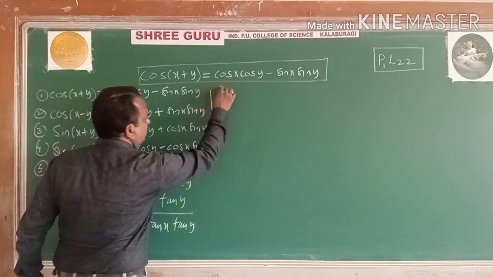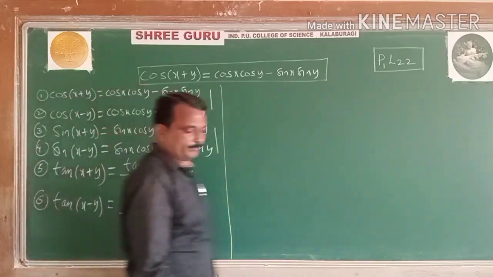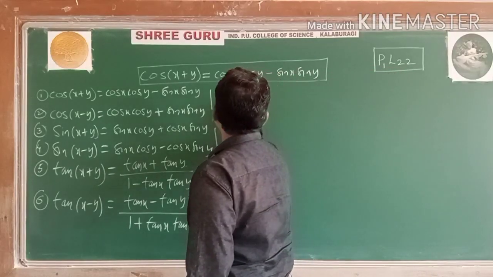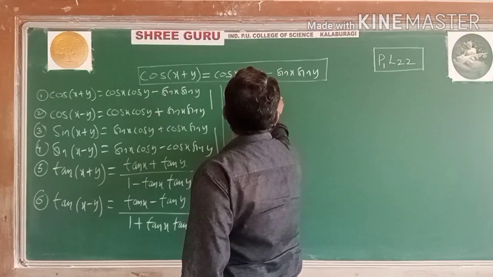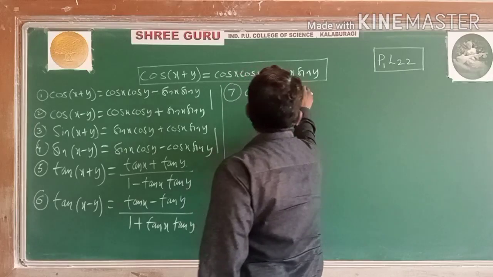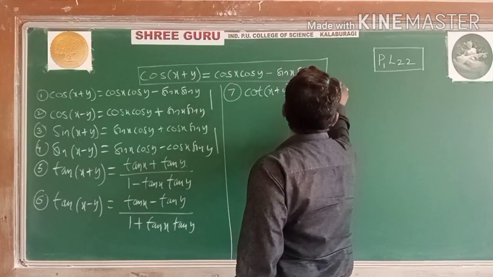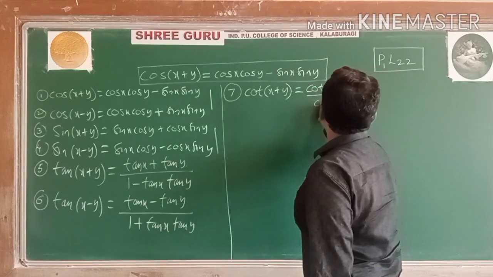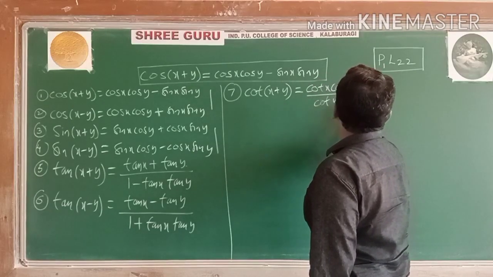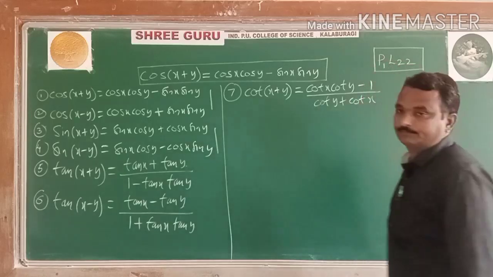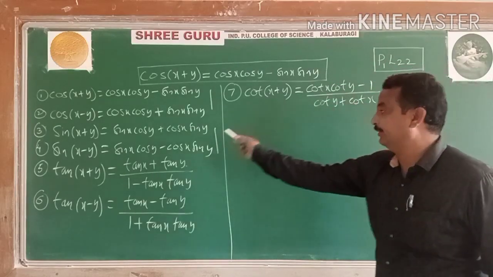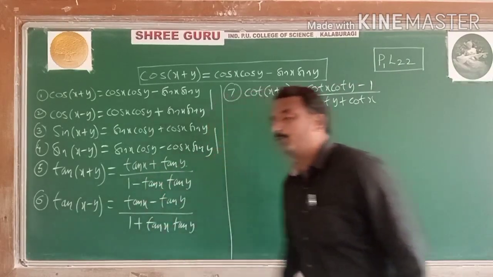Now for the cot, cot of x plus y and cot of x minus y also we have proved. Cot of x plus y equals cot x cot y minus 1 divided by cot y plus cot x. Numerator opposite sign, denominator same sign. Here numerator same, denominator opposite.